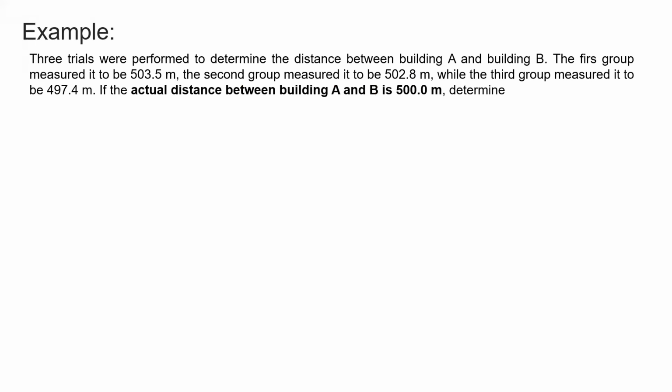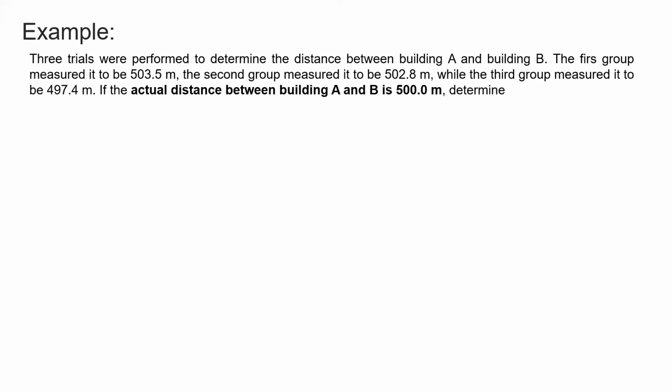Three trials were performed to determine the distance between building A and building B. The first group measured it to be 503.5 meters. The second group measured it to be 502.8 meters, while the third group measured it to be 497.4 meters.